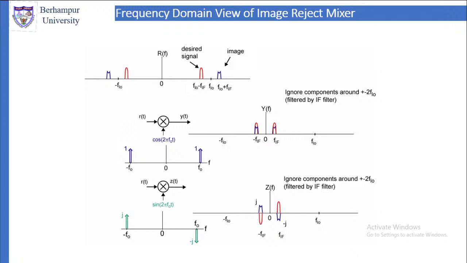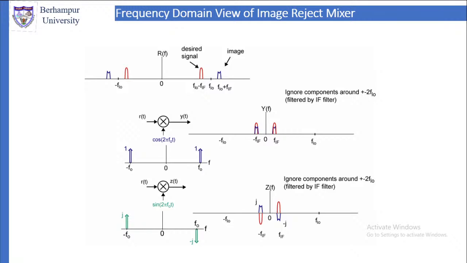Here we ignore the components around plus minus 2 FLO because they can be filtered by the IF filter. So only this part around FIF, plus minus FIF, we will consider.